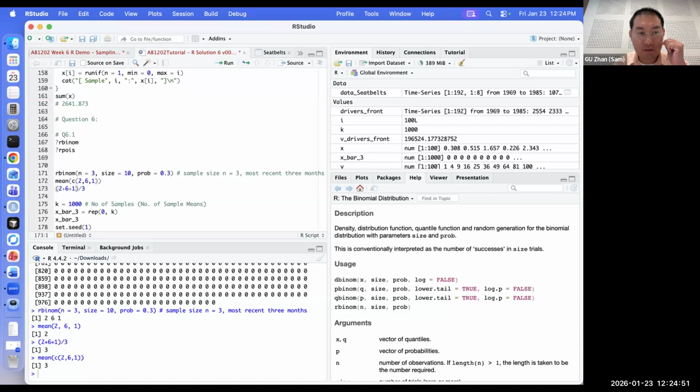You need to put it into a list in order to use the mean function.